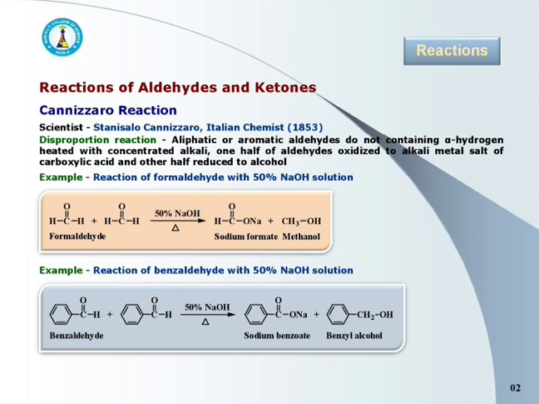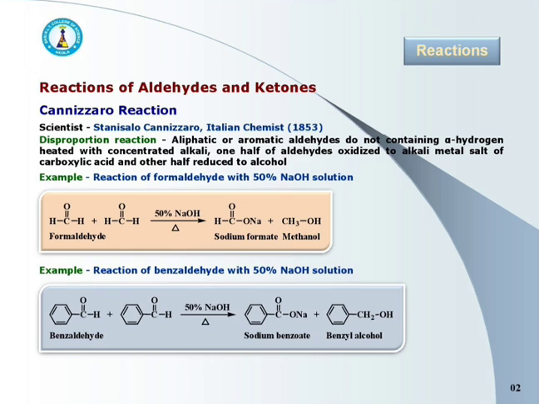It means half of the molecules undergo oxidation, whereas the other half undergo reduction. Here, initially NaOH dissociates to form Na positive and OH negative ions. The nucleophile OH negative attacks the first molecule of formaldehyde, and the anion obtained reacts with the second one to form sodium formate and methanol.